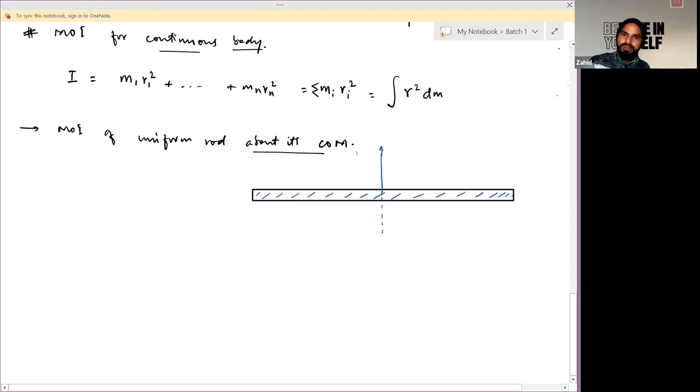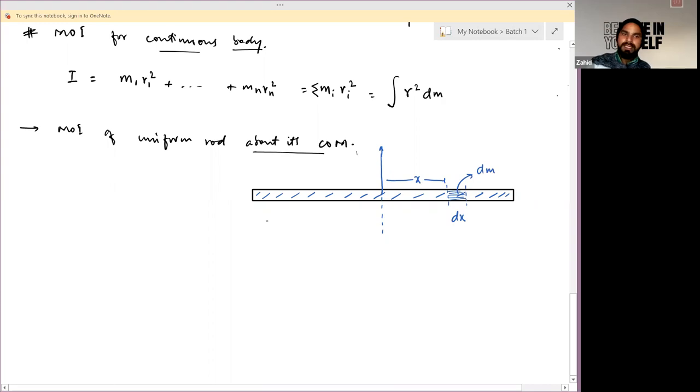So for any continuous body, we first have to take a small strip. So let's say at this point, having mass dm and width dx, its position from the axis of rotation is x.